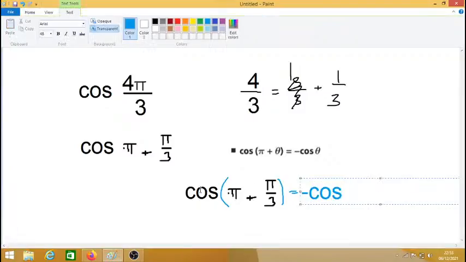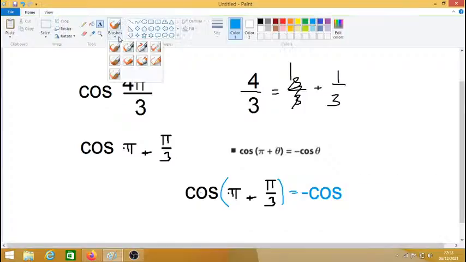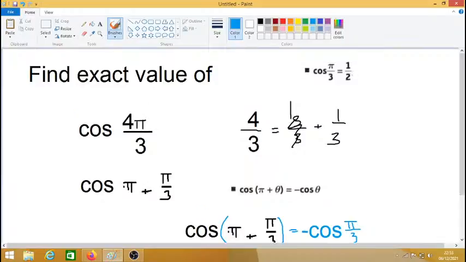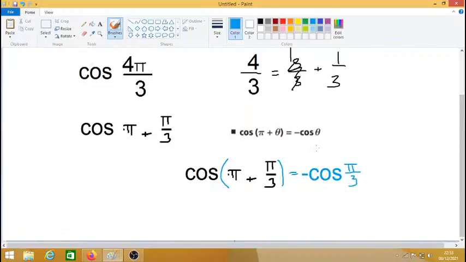So it's just minus cosine of pi over 3. And pi over 3, we picked that for a reason because it's one of the easier ones to memorize and learn. It's just equal to a half. So the cosine of pi over 3 is equal to a half. So that means I've got minus a half, because this bit is equal to a half, so minus a half.